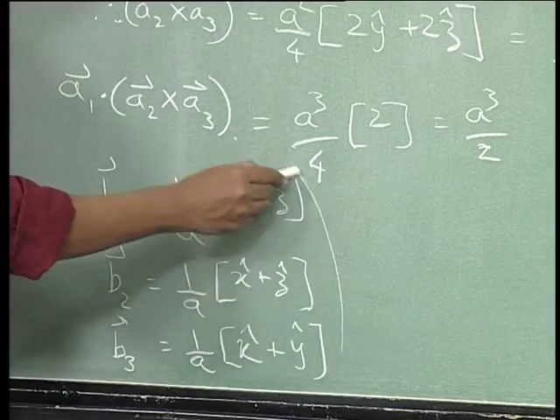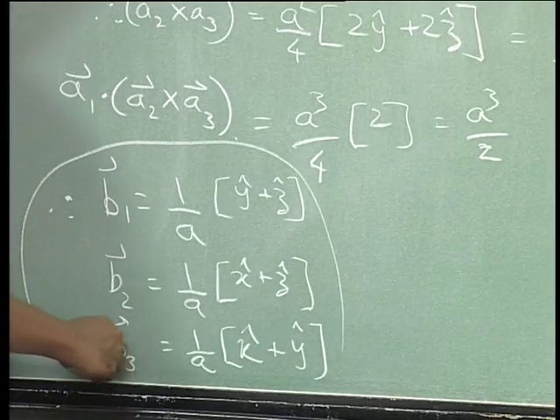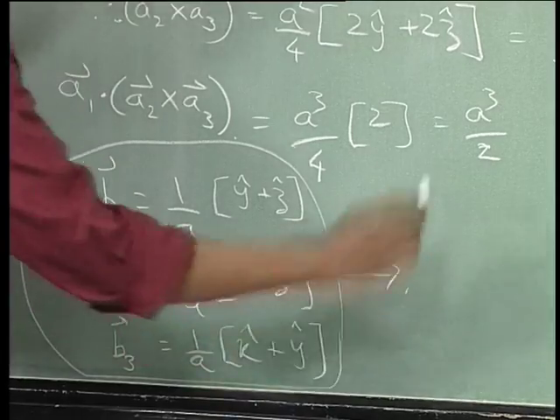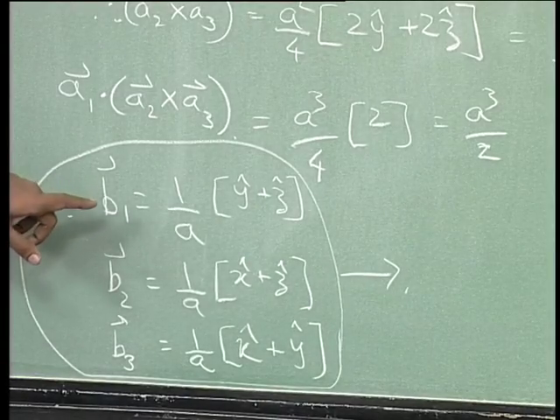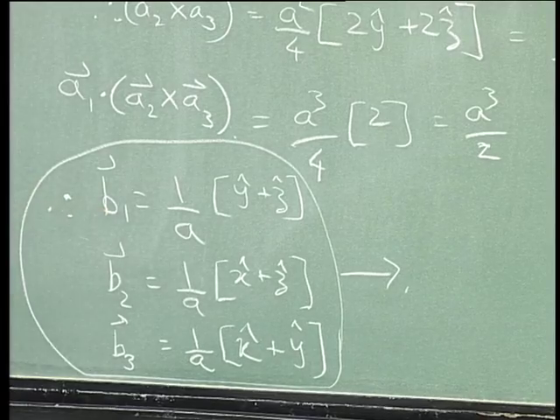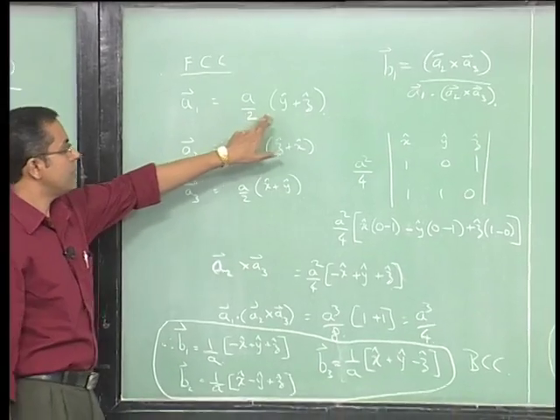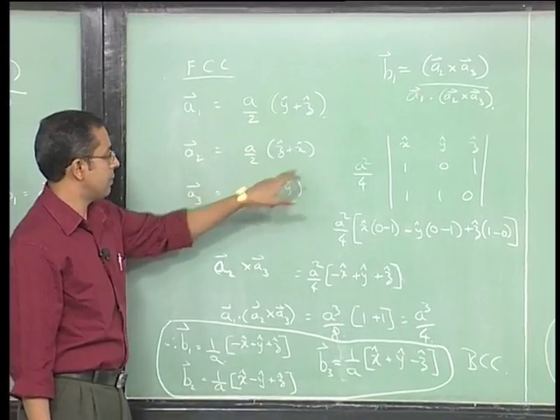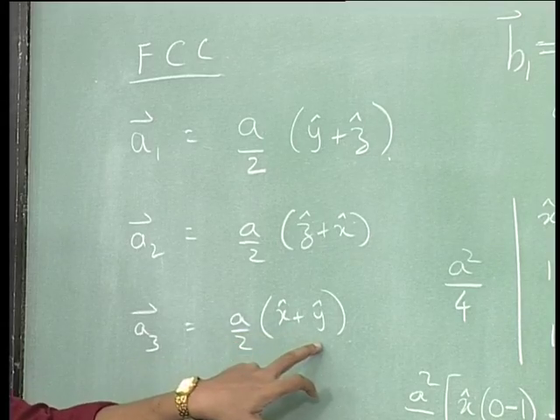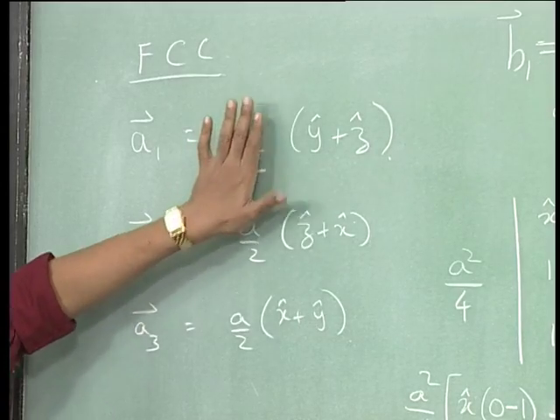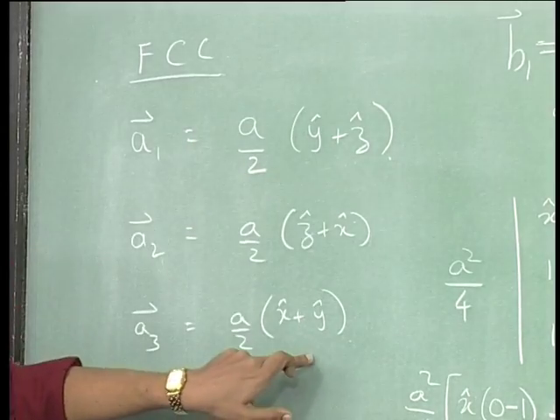If you look at what we have got here, and compare with something that we started out just a few minutes ago, we defined the FCC structure as a by 2 (y plus z), a by 2 (z plus x), a by 2 (x plus y). Let us not worry about the magnitude; look at the three directions that we have here.